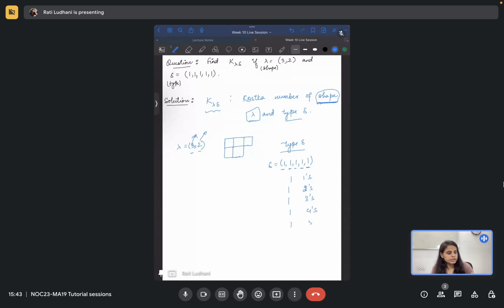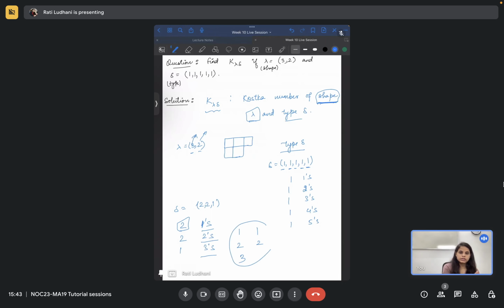For example, if delta is equal to 2 2 1, this will be 2 ones, 2 twos and 1 three. This represents how many ones, twos and threes you will consider. So you have 2 ones, 2 twos and 1 three. These many numbers you have.